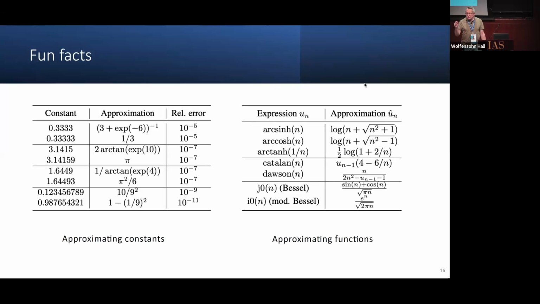So the model doesn't know how to write a function which has a non-integer coefficient in it. In other words, it cannot write 0.3333, it doesn't exist. It has to approximate it with a function using integers. And so we try to use this model to approximate real constants by expressions only featuring integers.